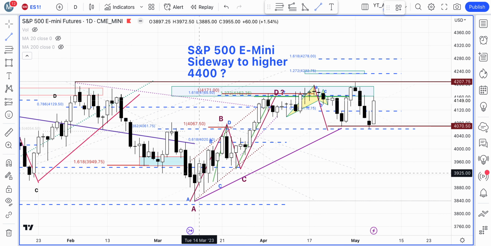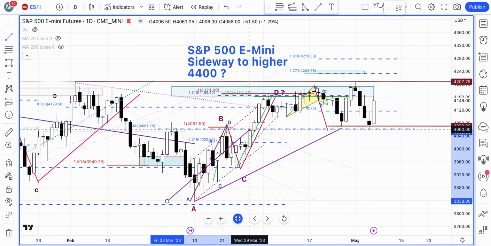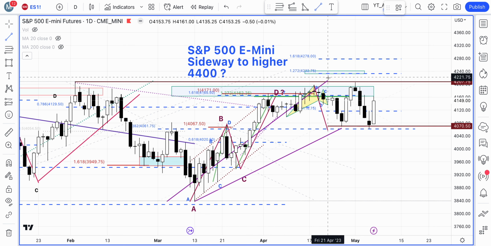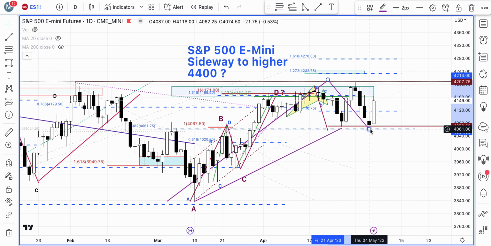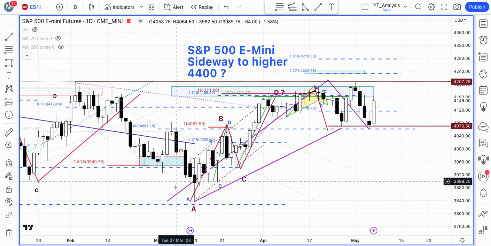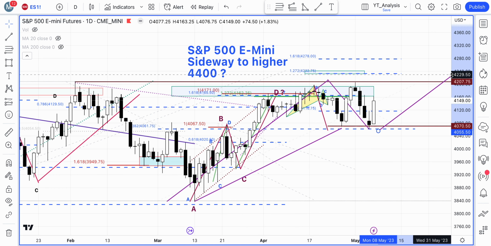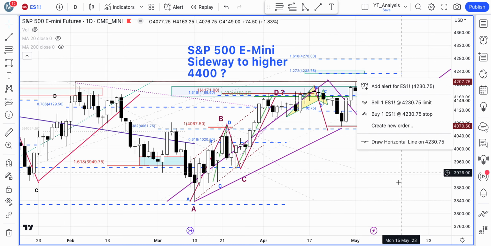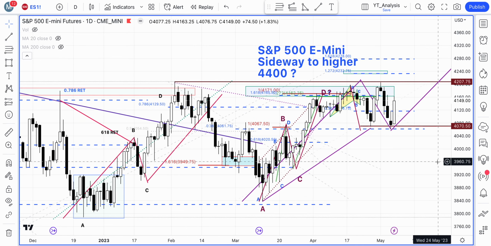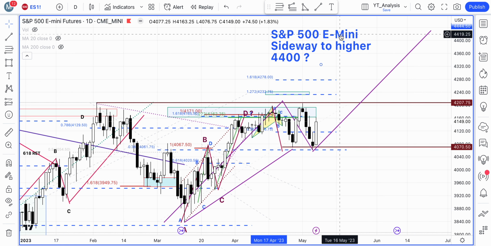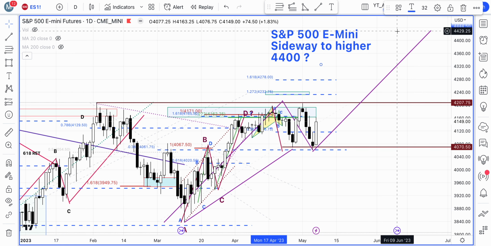So what we're going to do is, let's take this to this. I'm going to draw it here because it's a little bit convenient to do it this way. Copy this, and if we project it from here, then where are we going? Around 4430.